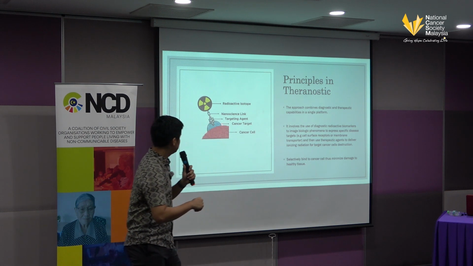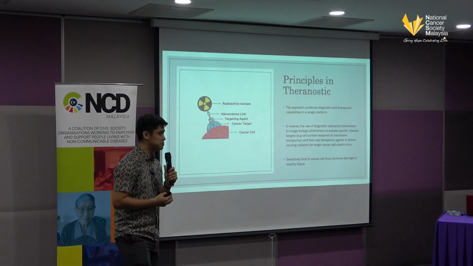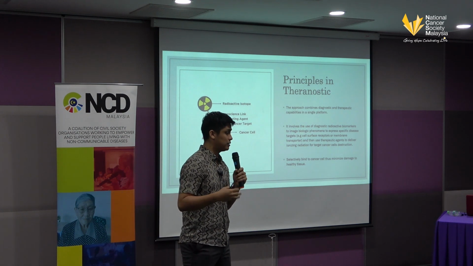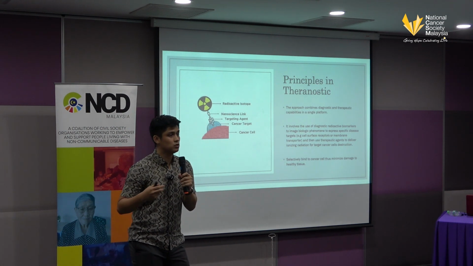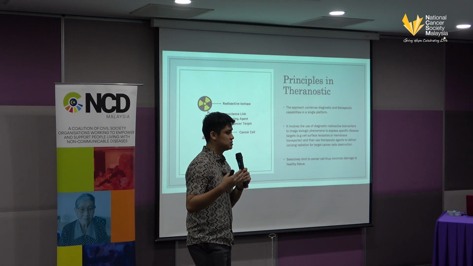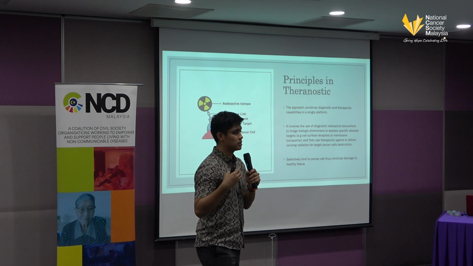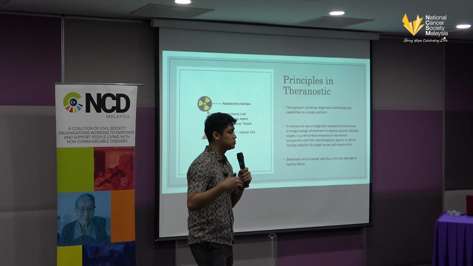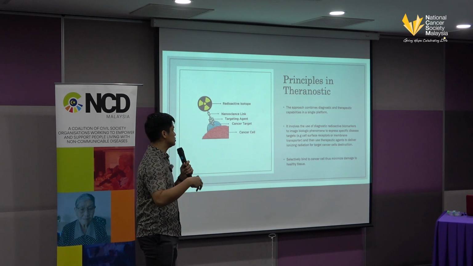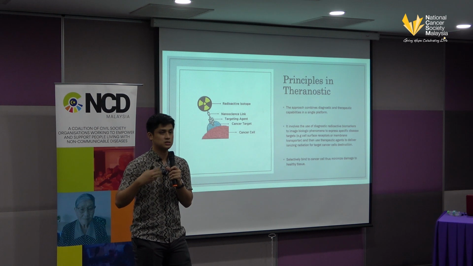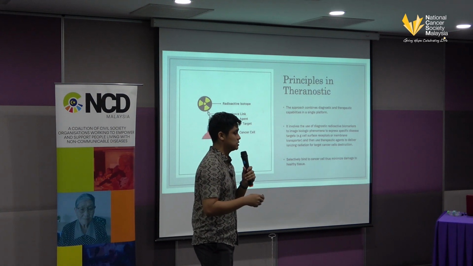And next will be the targeting agent, or in some papers or journals it is reported as a ligand or carrier molecule. This carrier molecule will be responsible for making the system very specific to the cancer cell, because each cancer cell will express its own protein. Hence, through the use of the carrier molecule, it becomes specific to the specific cancer.